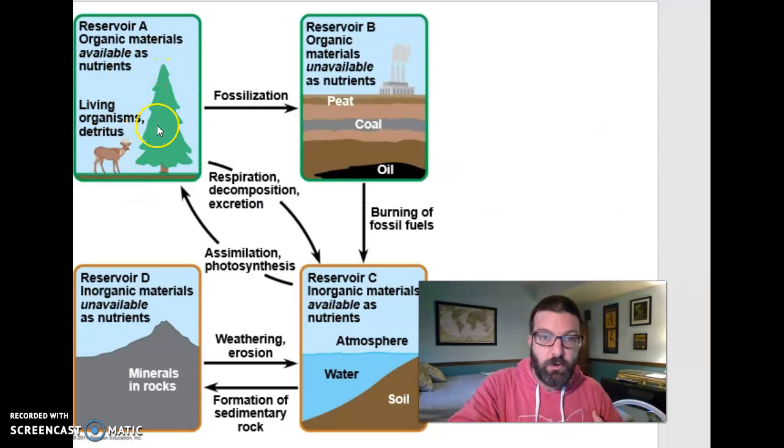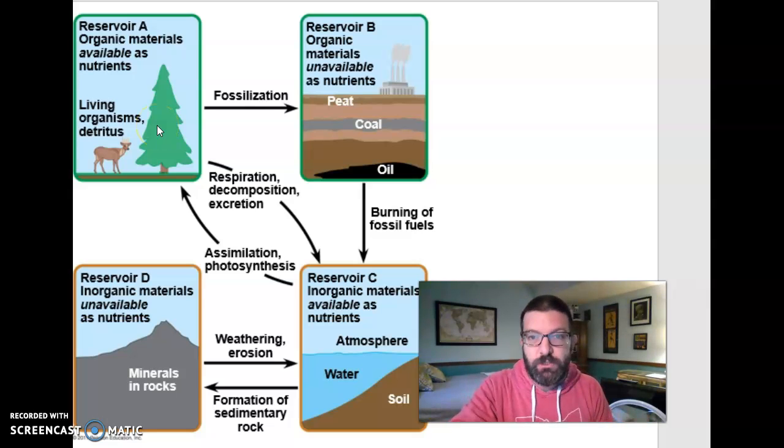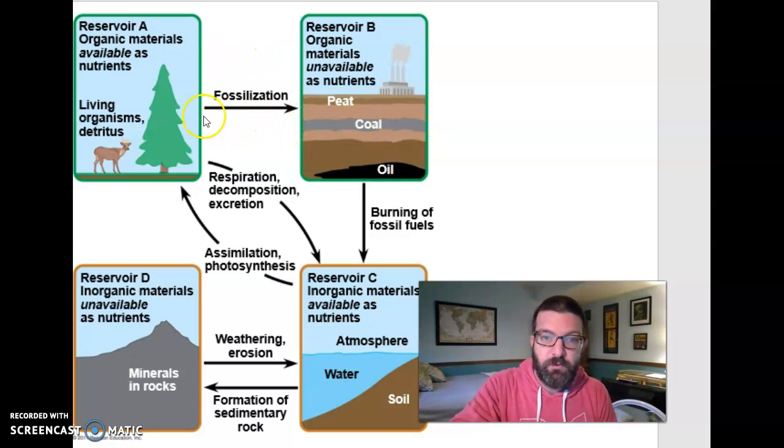How do these elements go from reservoir to reservoir? Well, living organisms are organic reservoirs, and those elements can move into inorganic, unavailable reservoirs as peat, coal, oil through fossilization, right?